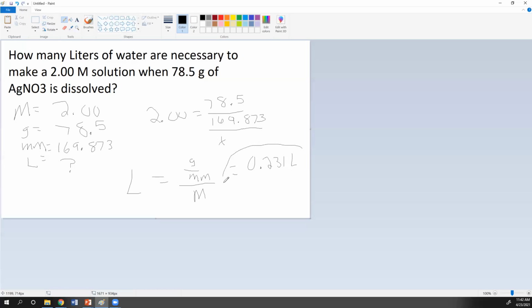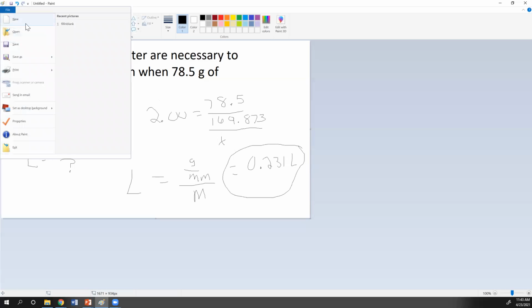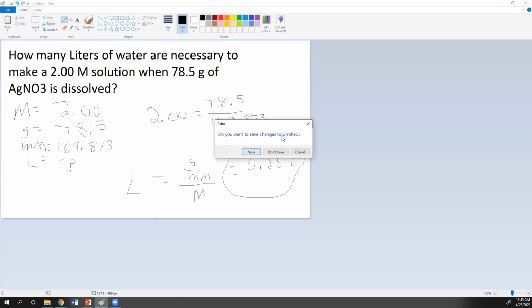All right, let me work one more example out. I don't want you to get caught in something that you don't know. You have to find the molar mass this time.